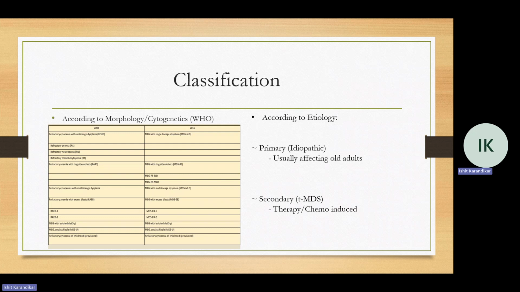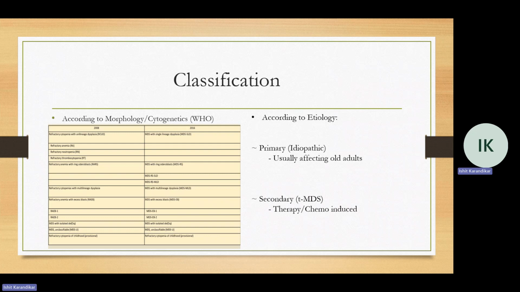Now, in terms of classification based on WHO, there is MDS with single lineage dysplasia, there's MDS with multilineage dysplasia, there's MDS with ringed sideroblasts. This one's important if you remember from learning sideroblastic anemia, that myelodysplastic syndrome is an acquired cause of sideroblastic anemia.